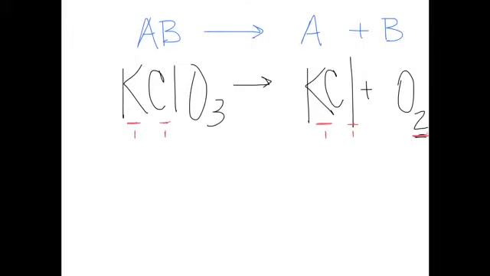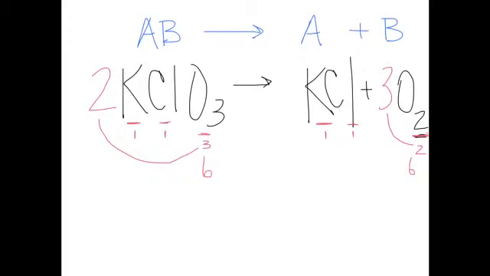Oxygen, there's 2 and 3 on this side. So in order to balance the oxygens out, you're going to have to take the potassium chlorate and put a 2 in front of it so that 2 times 3 equals 6. And you're going to put a 3 in front of the oxygen, so 3 times 2 equals 6.